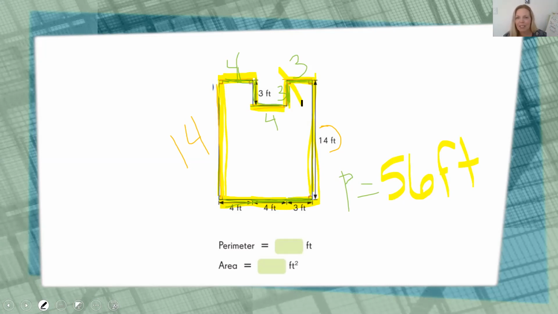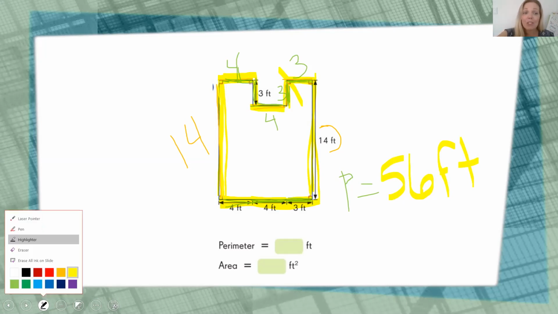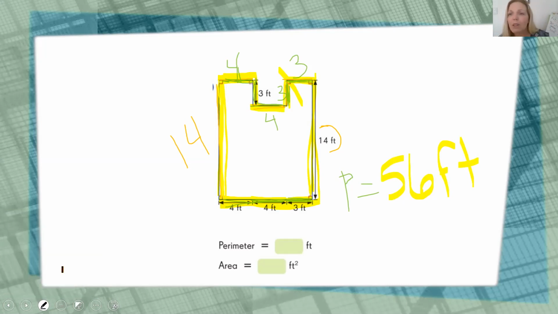Now here's the thing. We can use our formula if we can cut this shape into squares or rectangles or things that are easy to use the formula on. In this case, I see right off the bat, here's a nice little square. I'm going to color that guy in. Here's a nice little square. I'm going to color that guy in.